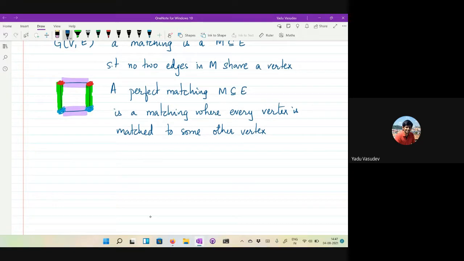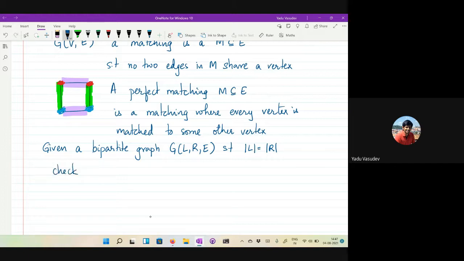So you're given a bipartite graph G, with vertex sets L, R, and edges E, such that the number of vertices on the left side is equal to the number of vertices on the right side. And you want to check if G has a perfect matching.